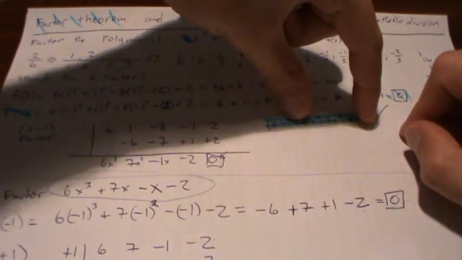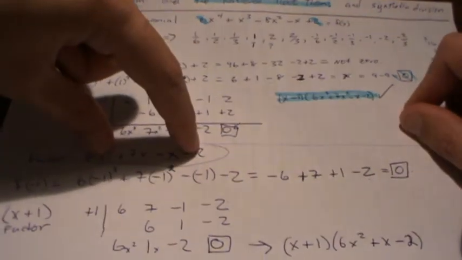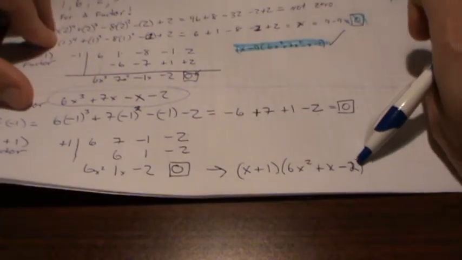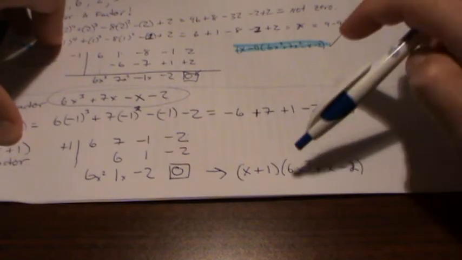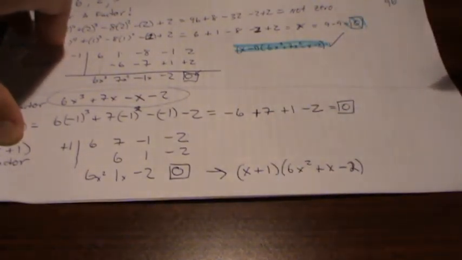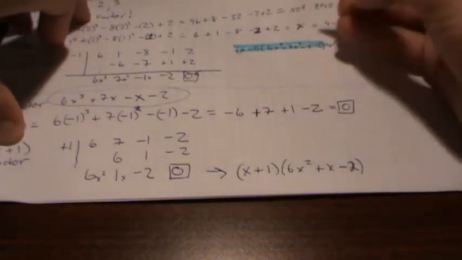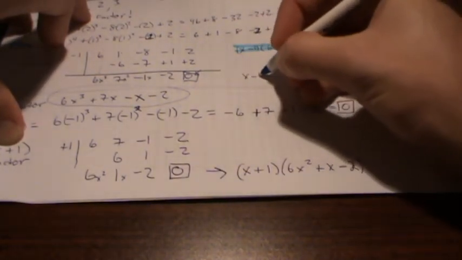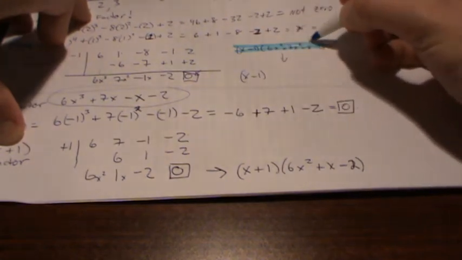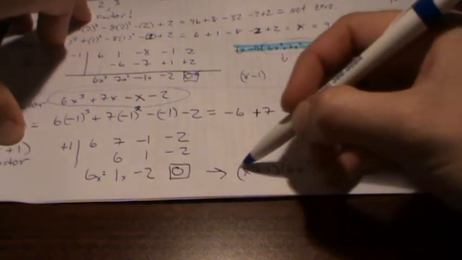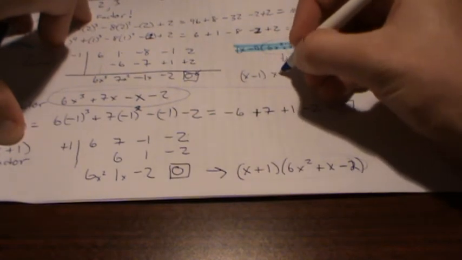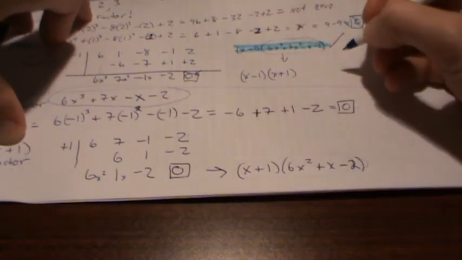Okay, now that I've taken this smaller third power one and started working on it, I'm left with a second degree function here and a factor right there. And so in the end, my factors are x minus 1. And then this one right here is actually equal to this one. So I'm going to say x plus 1 is another factor.